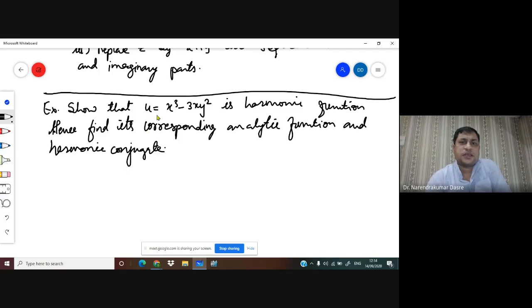So now in this example, we have to show that it is a harmonic function. We have to find its corresponding analytic function, and also we have to find its harmonic conjugate.